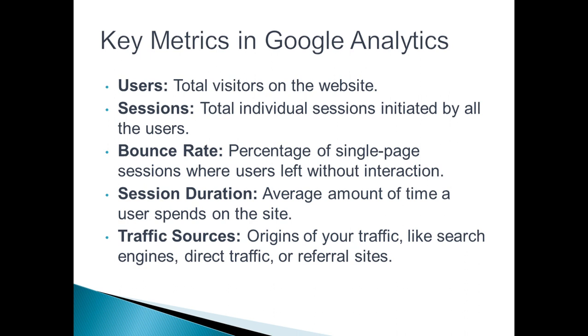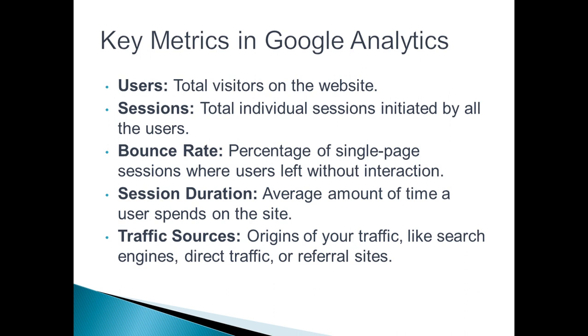Next is the traffic sources. Traffic sources means the origin of your traffic, from where your traffic is coming. It may come from search engines or direct traffic, which means somebody gave you the URL and people are typing it. Suppose your website name is www.myblogs.com. If people type my blogs directly in the web browser, that is direct traffic.